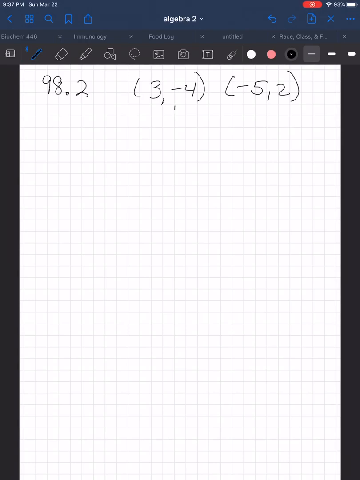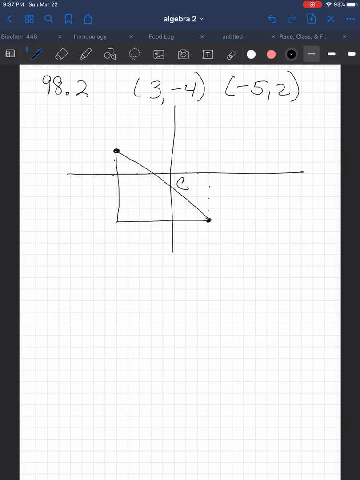All right, again, graph the 2 points. 1, 2, 3, 1, 2, 3, 4. -1, 2, 3, 4, 5, +2. Draw the right triangle, so I'm going to come straight down, straight across. We're finding this distance, so I'm going to label it c.